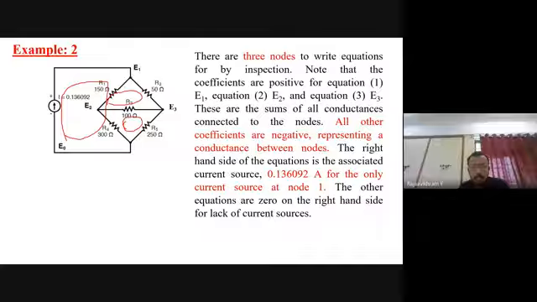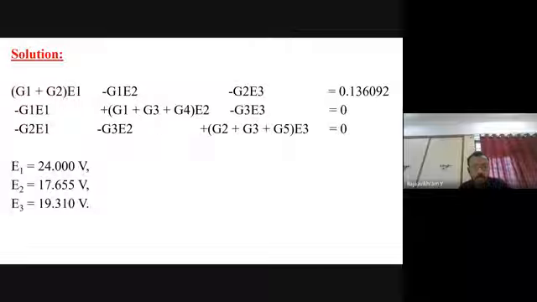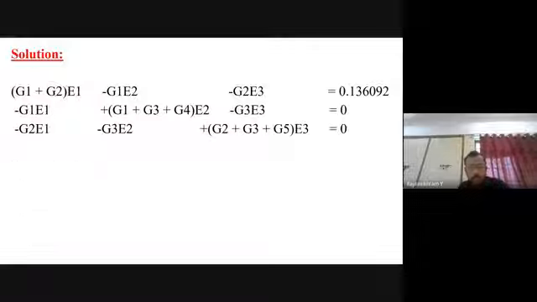There are 3 nodes, so we are writing 3 equations for E1, E2 and E3. The first one, V1 plus V2, into E1.